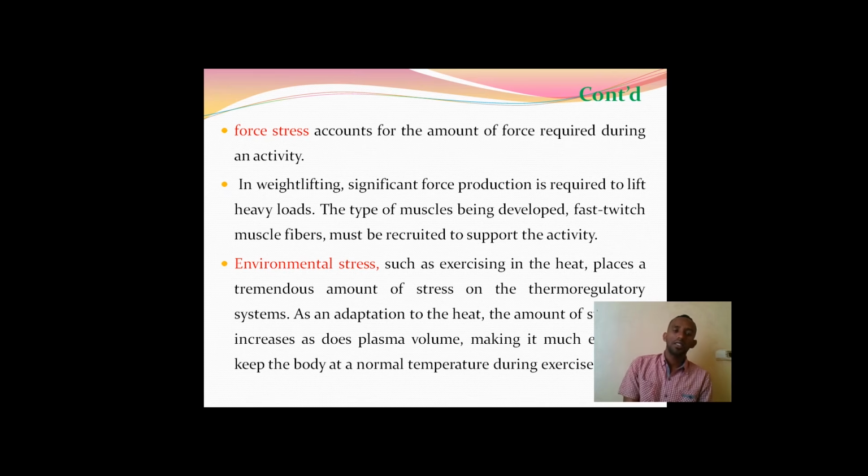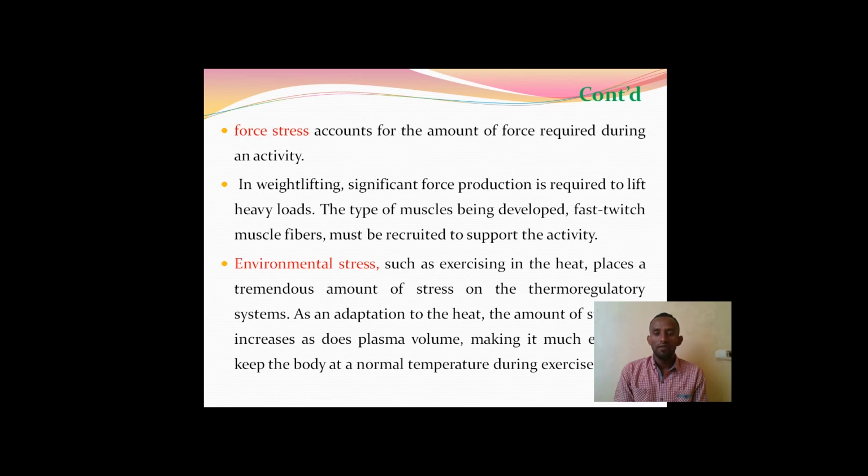And the third stress that occurs in the body is environmental stress, such as exercising in hot places, right? It places a tremendous amount of stress on the thermoregulatory system. As adaptation to the heat, the amount of sweating increases, as does the plasma volume decrease, making it much easier to keep the body at a normal temperature during exercise.